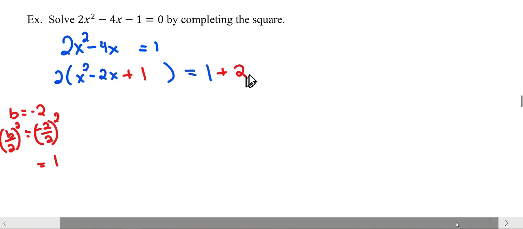Whoa, wait, what just happened there? Why did I add 1 on the left side and 2 on the right side? The answer to that is this 2 out front.